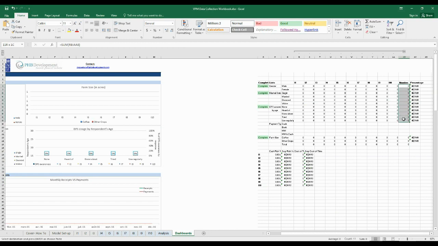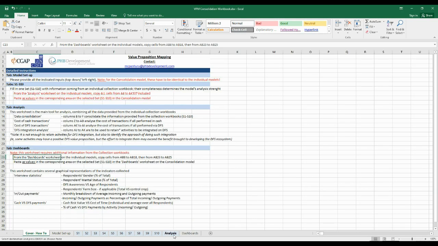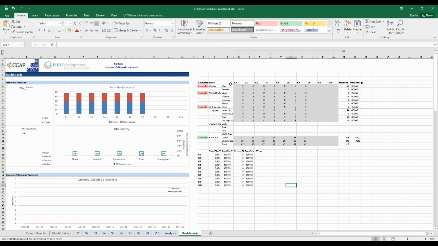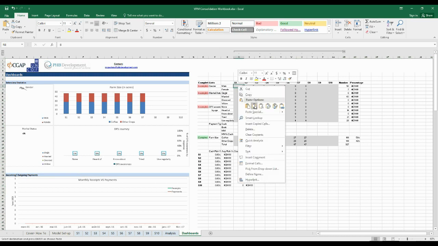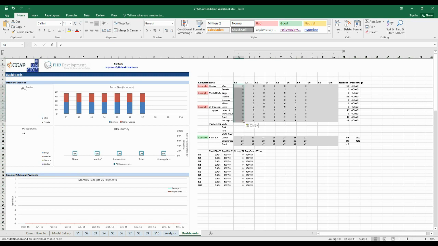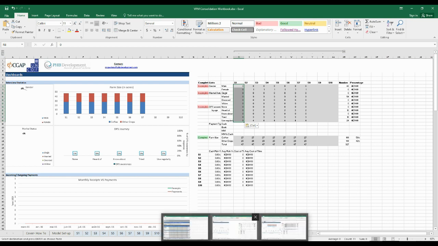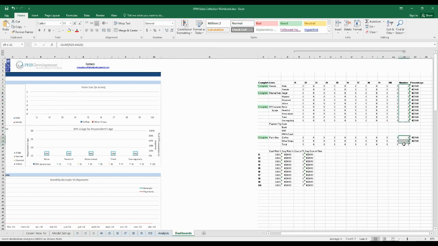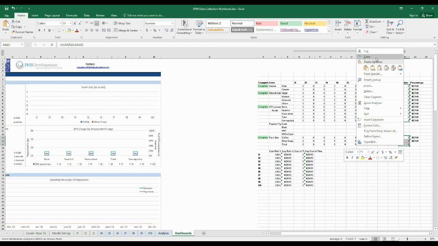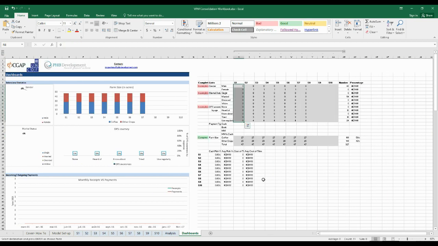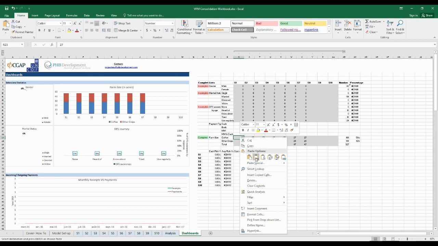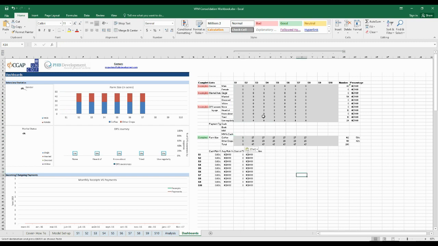So we would have to copy this one, go back to the consolidation workbook, go to the dashboards here and paste them as values in the correct set. Then the second one is located here. We also have to copy this one and paste it in the consolidation workbook right here. And then do this for every single set, and that is it.